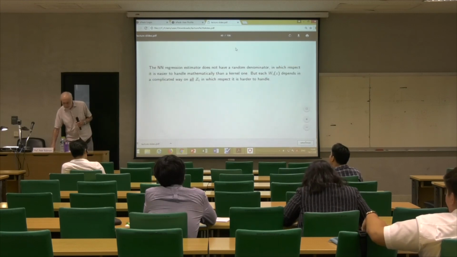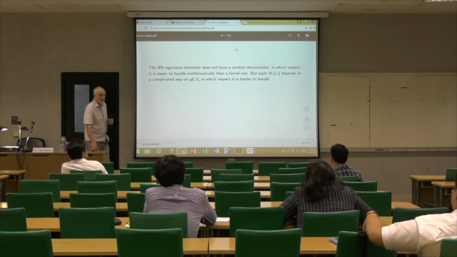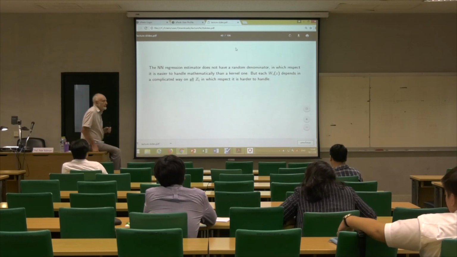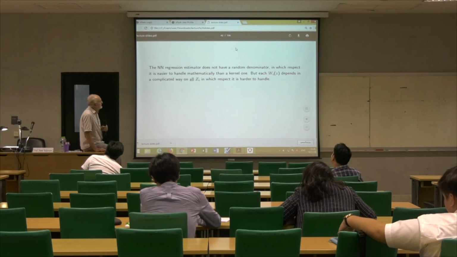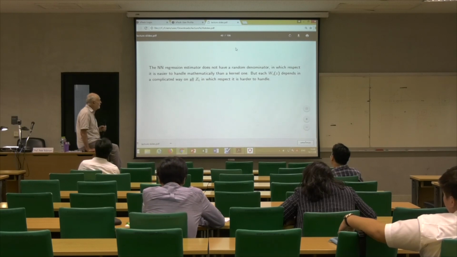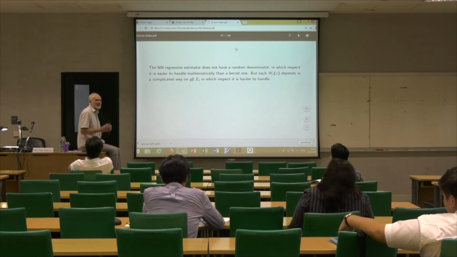So one advantage is it doesn't have this denominator in it, which the kernel estimate has, and it is easier to handle mathematically than a kernel estimate. On the other hand, these weights actually depend in a complicated way on all of the z's, so it's actually rather more challenging to deal with technically.